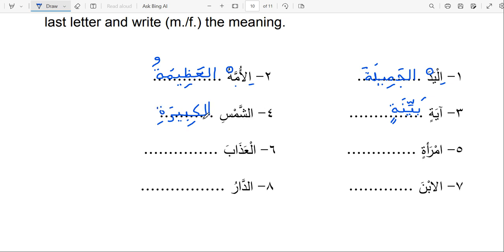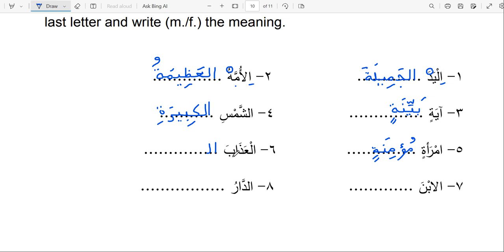Imra'atin mu'minatin. Mu'minatin. And al-'adaba al-kabira, kabirata. And yes, it's not a feminine noun here.